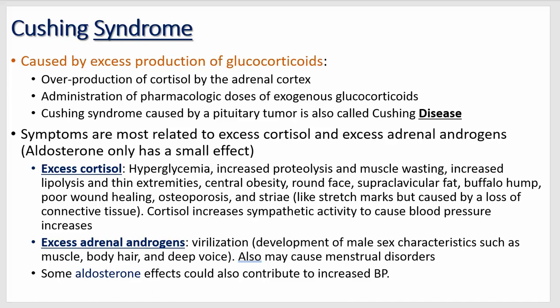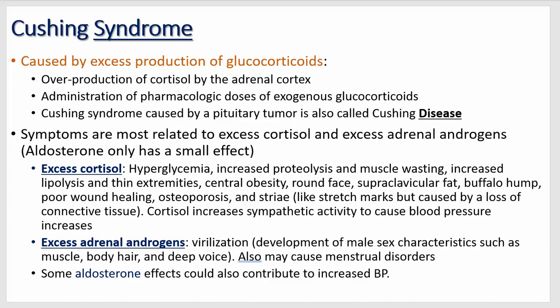So let's look at the symptoms, some that we expect, some that we just observe, of Cushing syndrome. Excess cortisol will cause hyperglycemia, increased proteolysis, muscle wasting, and increased lipolysis, then extremities. I've just listed them all off here. Some of them you can trace back pretty easily, not all of them.